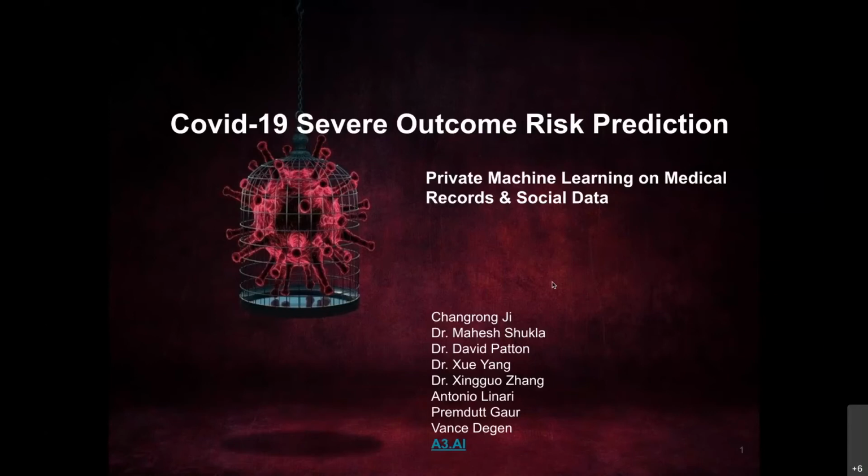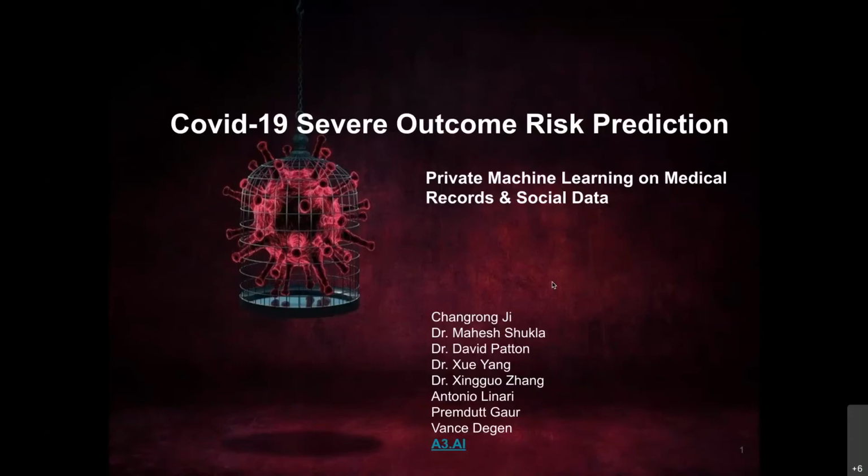All right, so we have 15 minutes, but we have 4 topics to cover. So I'm just going to fly through all of them in about 10 minutes and then leave 5 minutes for Q&A. If people are interested in anything, the contact info is on the back. The main title for our presentation is COVID-19 severe outcome risk prediction.